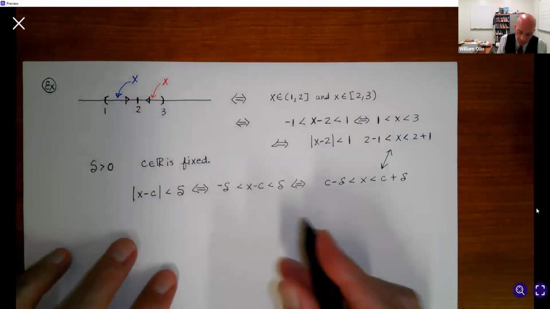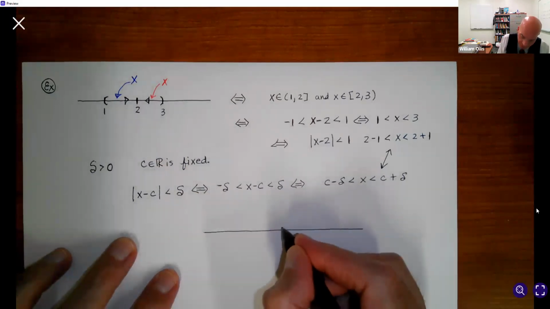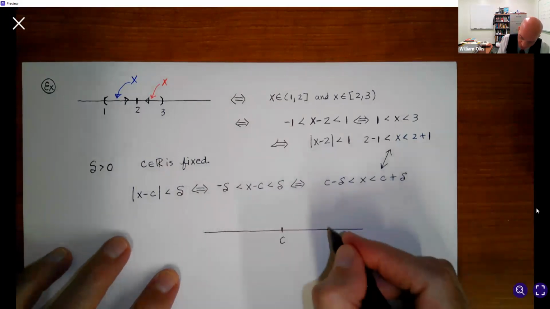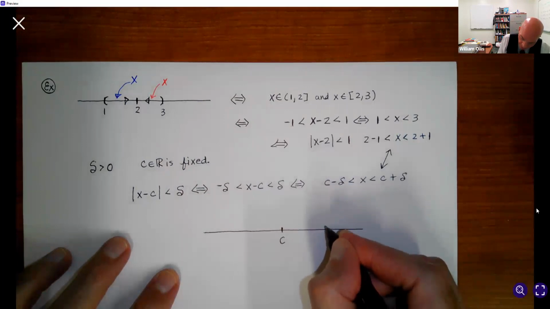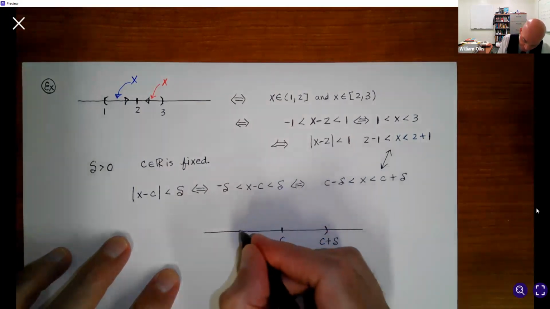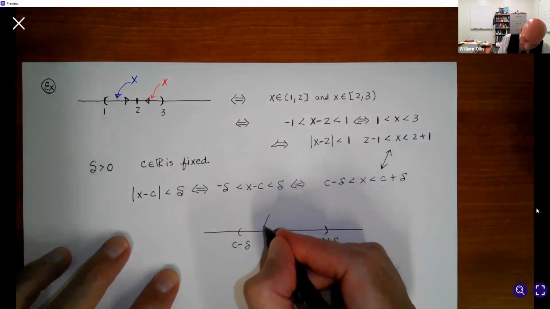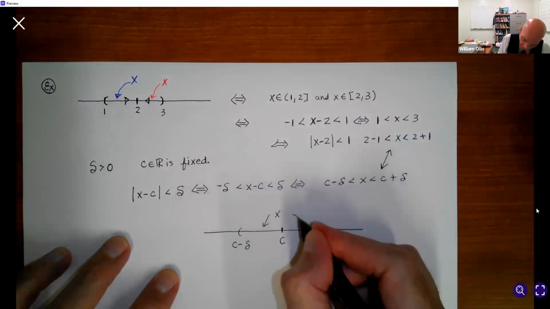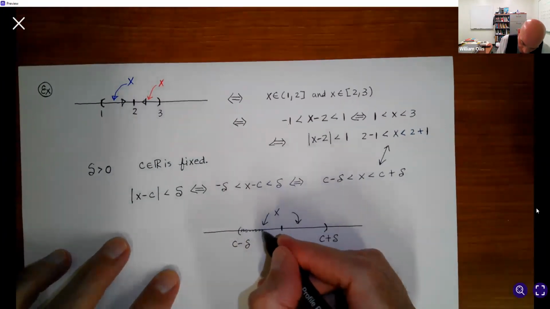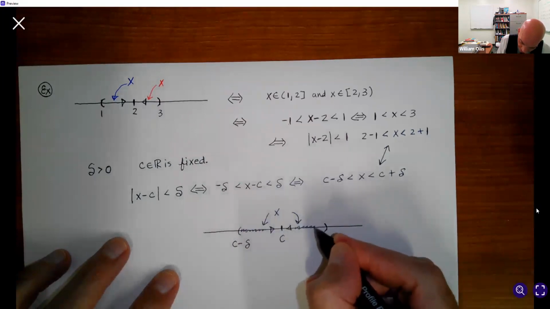And of course, if you just drew your interval with the C and then wrote the rest of this over here, you have C plus delta, and you have C minus delta, and then X, of course, could live somewhere in here.